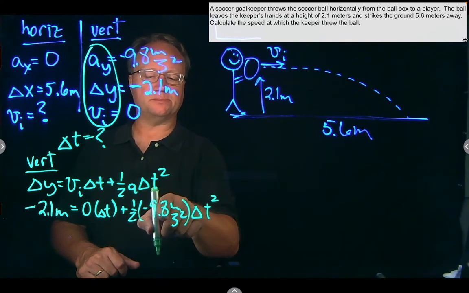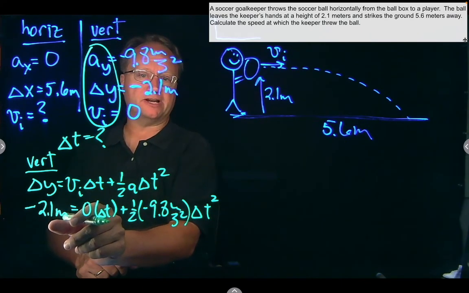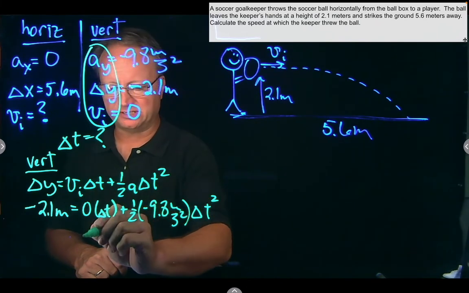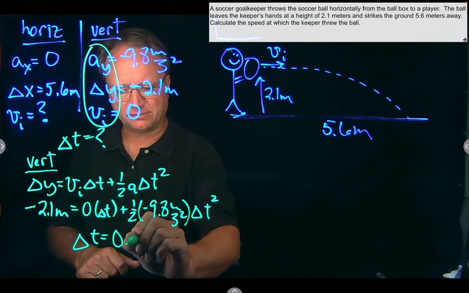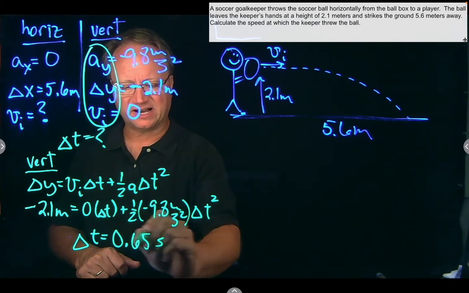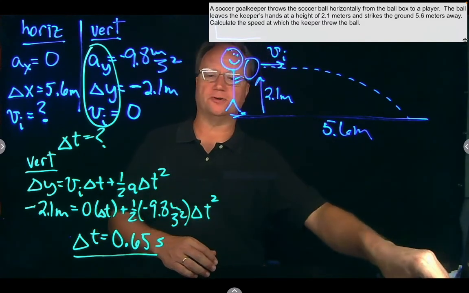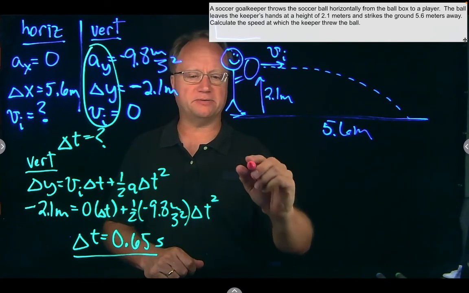Half of negative 9.8 is negative 4.9. We're going to divide that to the other side, so negative 2.1 divided by negative 4.9, and then we're going to take the square root to get delta t. So when we get our delta t value, we get a time of 0.65 seconds.